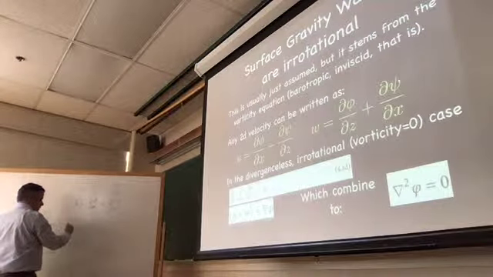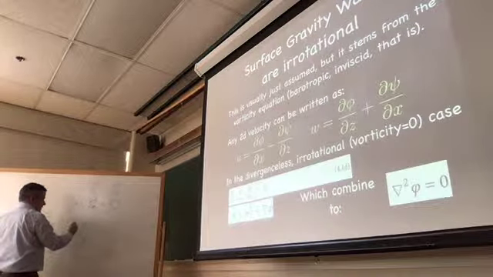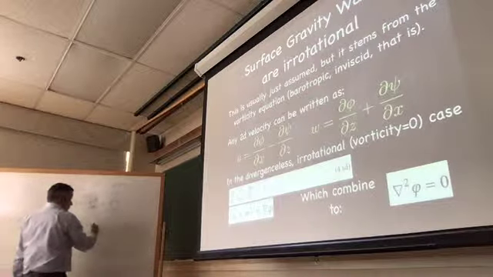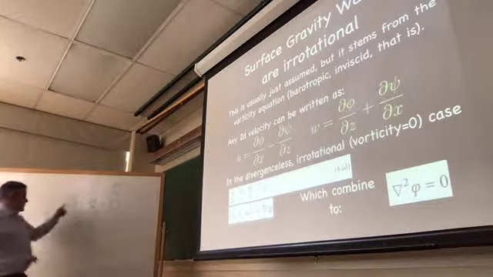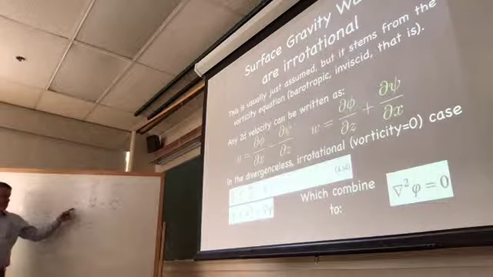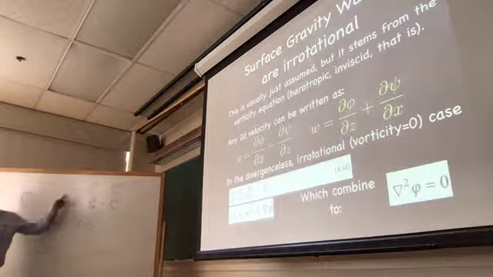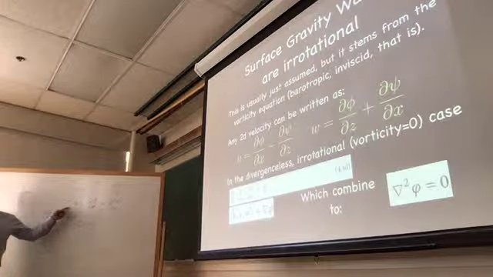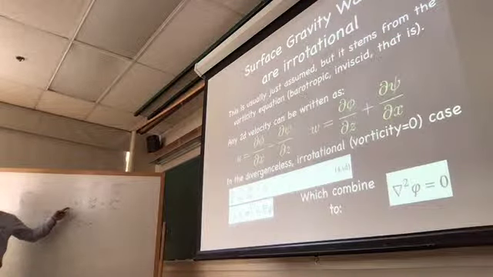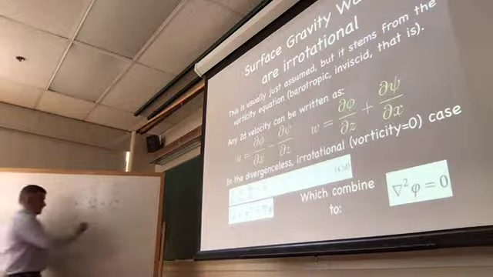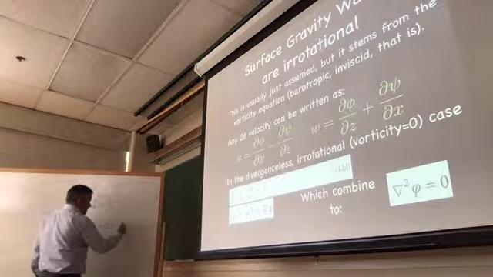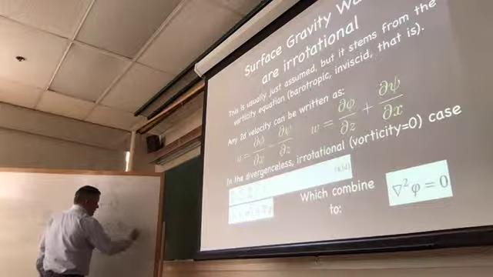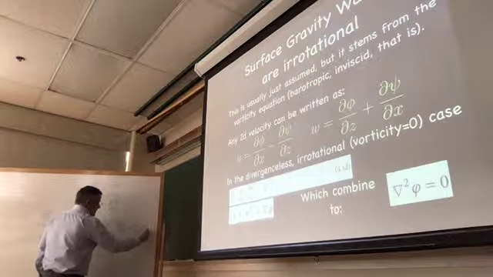If that's true, and then I say the divergence of the velocity equals 0, what does that mean? How do I get the divergence of this if v is 0? It's just u's and w's. Right, so this means du/dx plus dw/dz equals 0.